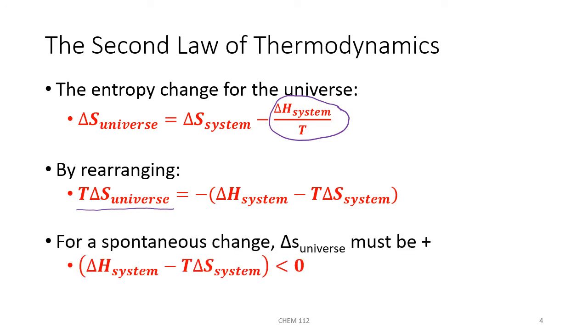For a spontaneous change, the delta S of the universe must be positive. So delta H of the system minus T delta S of the system, that whole term, must be less than 0 if we're going to get a positive delta S of the universe, leading to a spontaneous process.